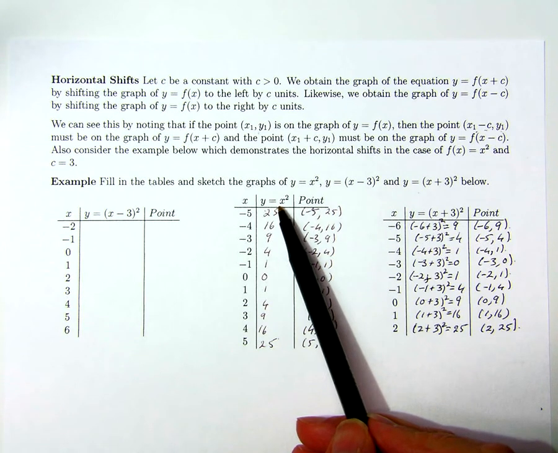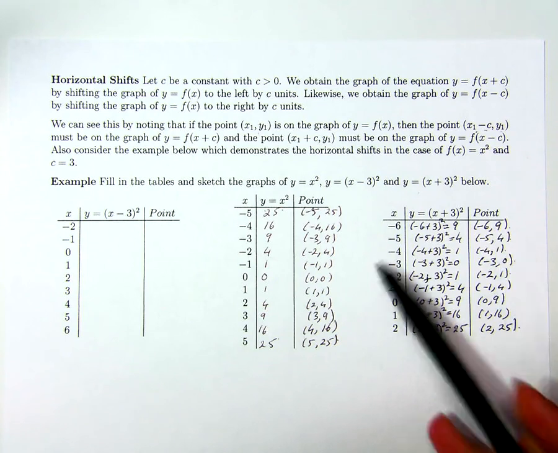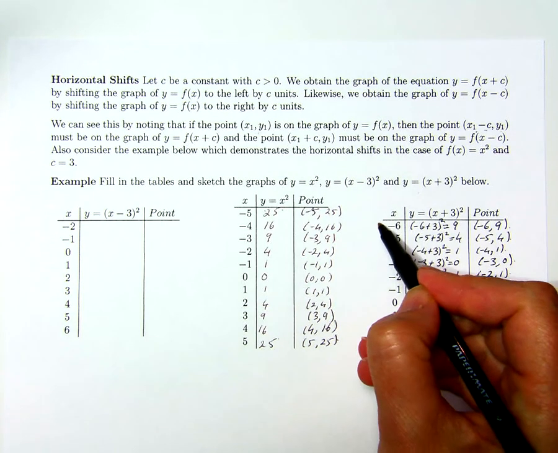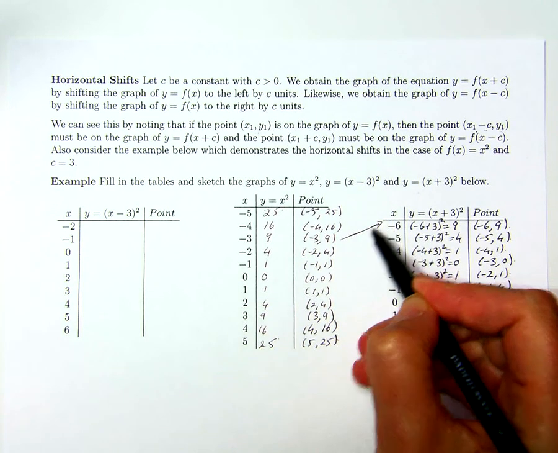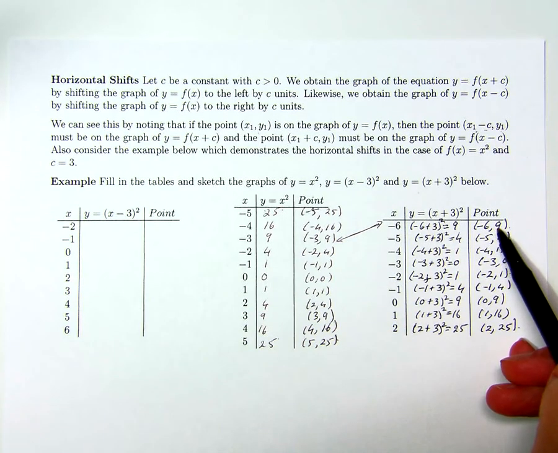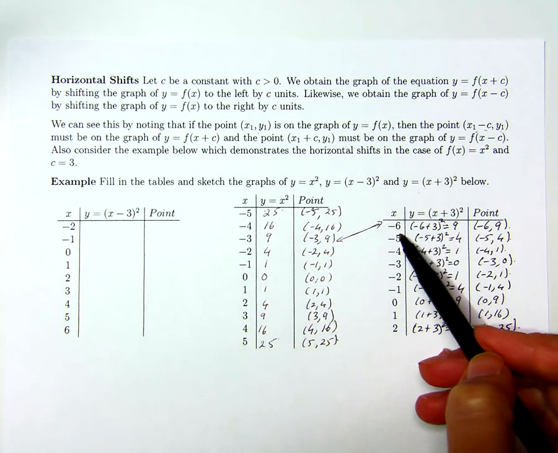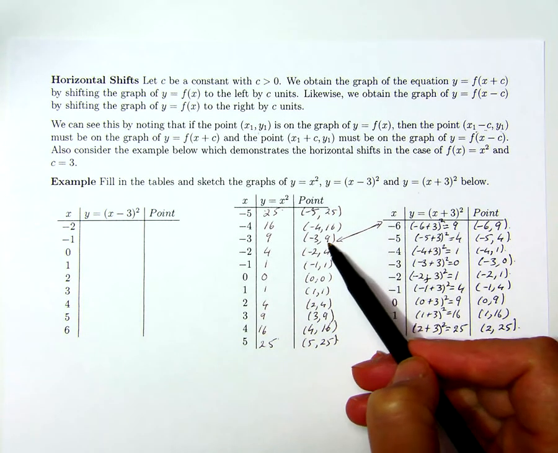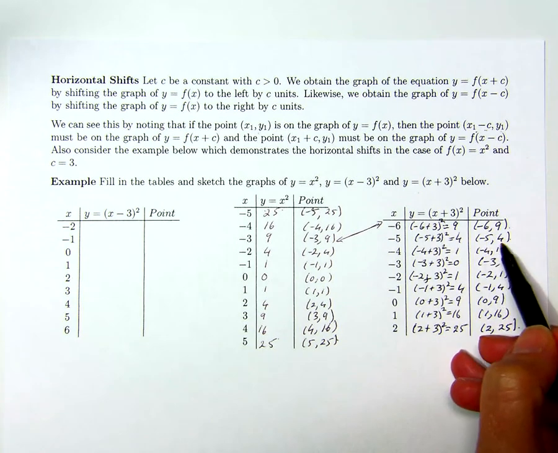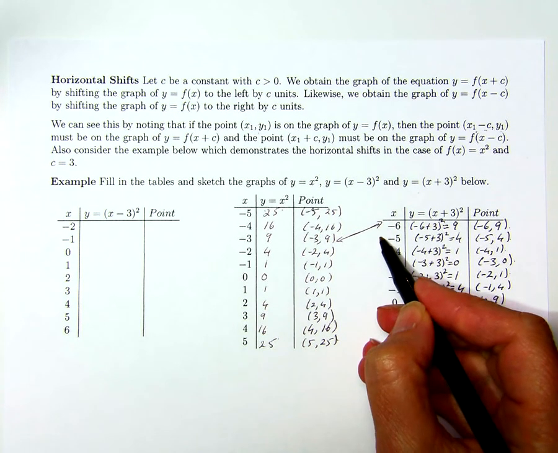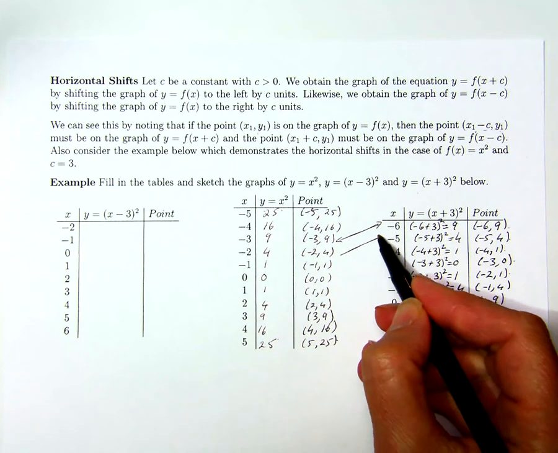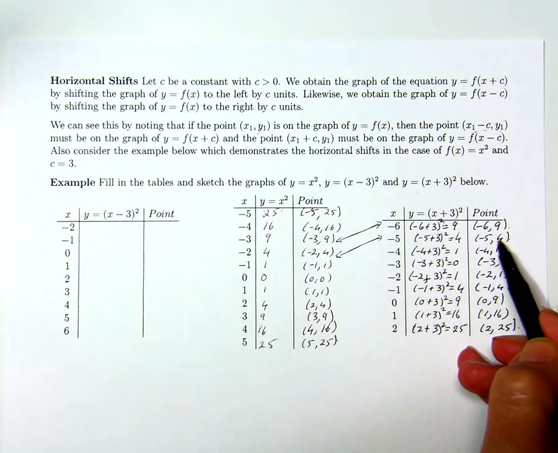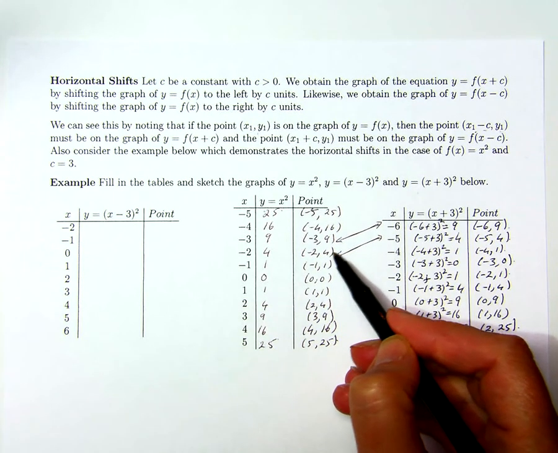And check what happens here for these two points, minus 6, 9, and minus 3, 9. They have the same y value, so they're directly across from each other. And this one, minus 6, 9, is exactly 3 units to the left of this one. And likewise, minus 5, 4, its y value is the same as that of minus 2, 4, except minus 5, 4 is exactly 3 units to the left of this one.